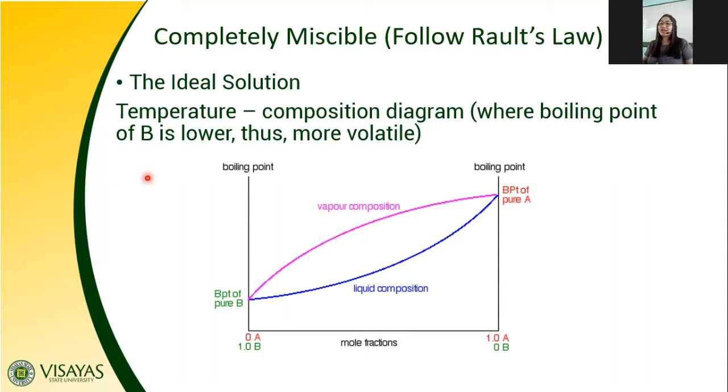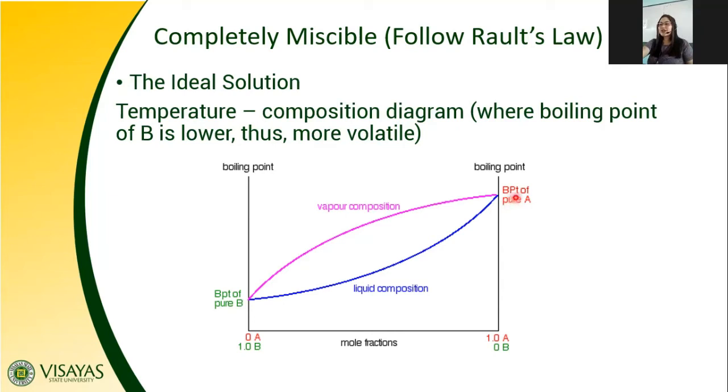So this is an example of a binary phase diagram, where you can plot the composition of the components in a two component system against the boiling point, or the temperature of the system, upon distillation.